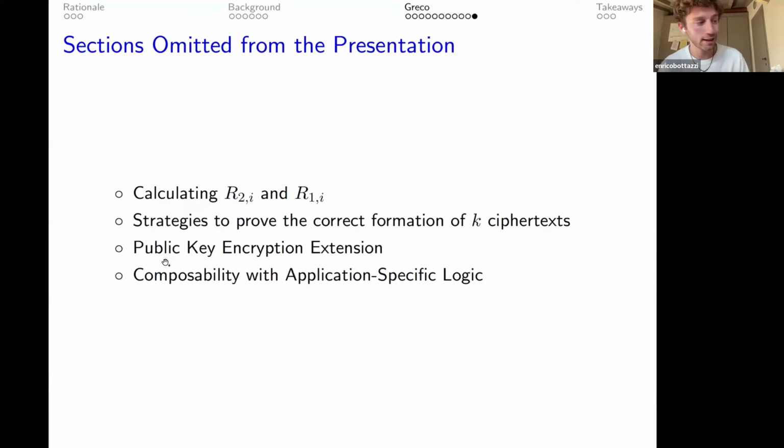How you can expand this secret key encryption to public key encryption. And lastly, how we can compose a Greco zk-SNARK with some application-specific logic. Going back to the example of the voting application, this would be how we can compose it with the requirements of your application. And these sections are all present in the paper.